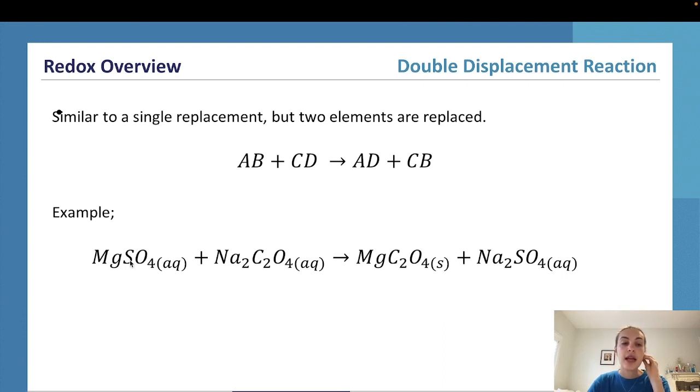So in order to get from -6 to 0, we need to have an oxidation number of +6 for the sulfur. So then we can get -8 plus 6 plus 2, and that will give us 0.